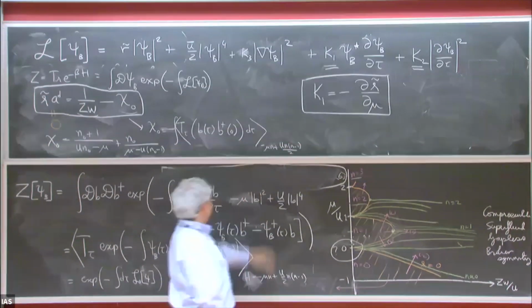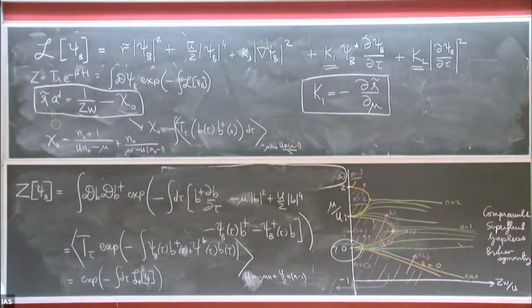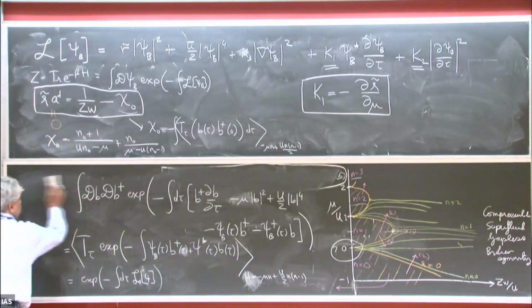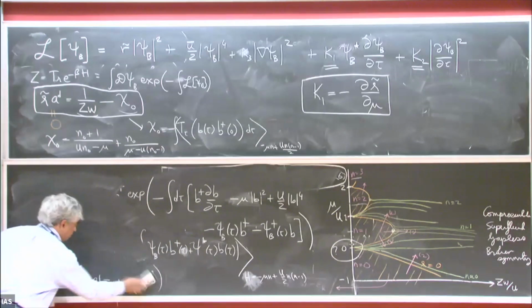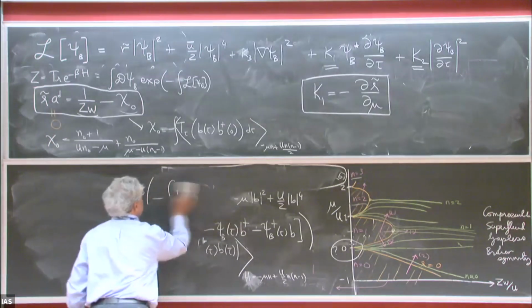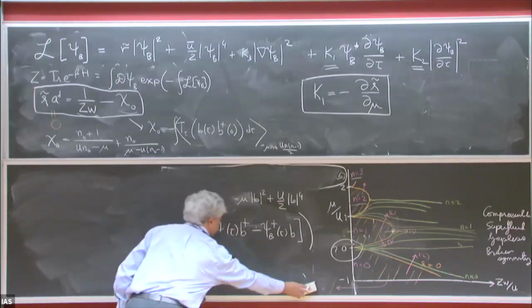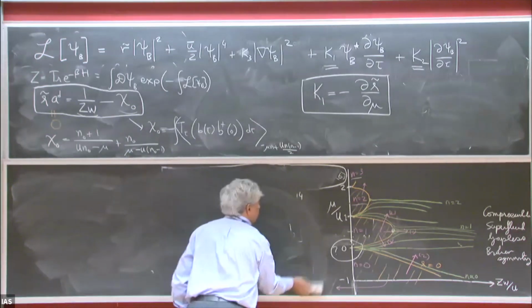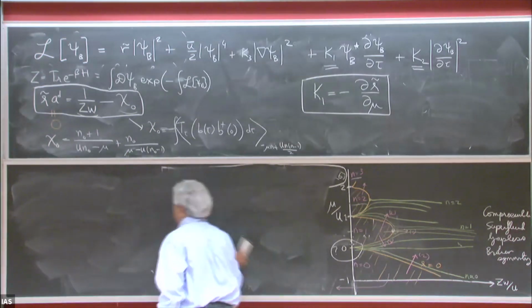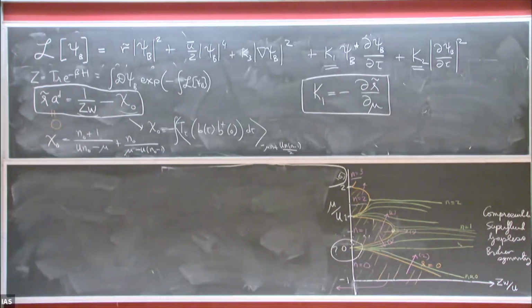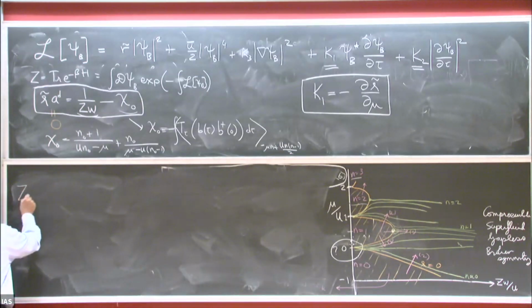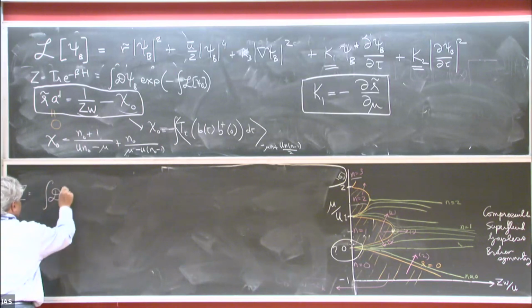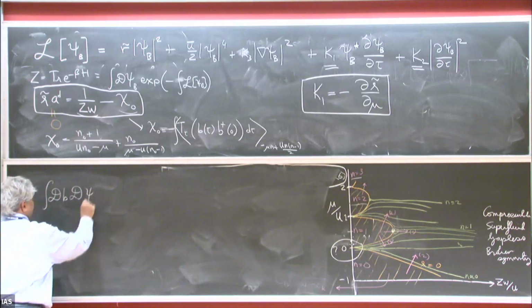Here, hopefully I can get it right. So let me just take the original theory, the Z, which has both B and psi.